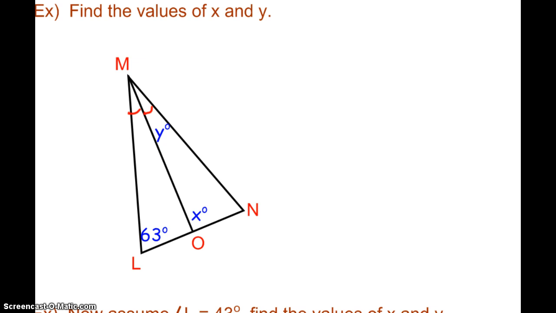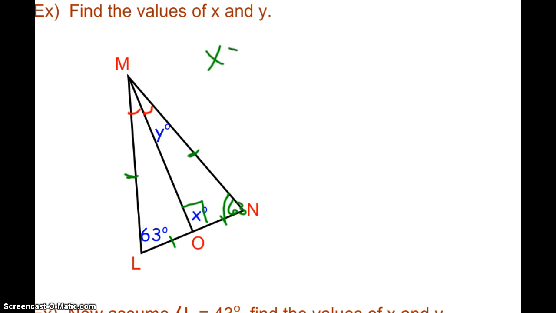Look at the next answer. Find X and Y. Number one, if MO bisects the vertex angle M in half like it does, then that's the perpendicular bisector. We know that already then. We also know that this is an isosceles triangle, so those would be congruent, leaving this angle right here as 63.